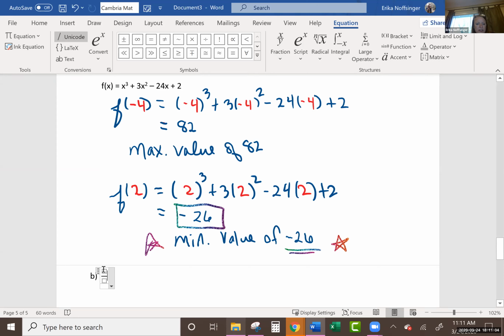Okay, so we're looking at f of x, and I'll go back and plug in f of x in a second, is equal to x squared minus 2x plus 1, and that is all divided by x minus 3.